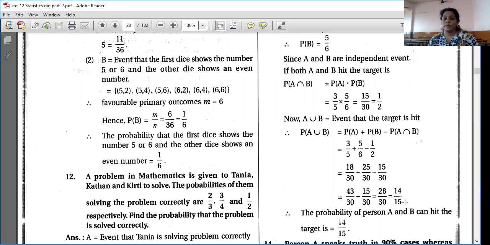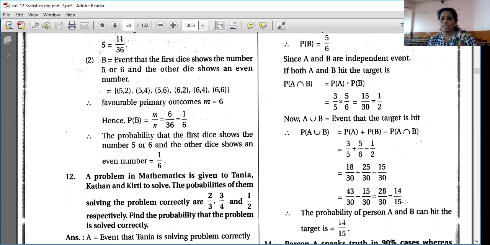Okay. And P of A union B is the event that the target is hit. If the target is hit, it means either A hits or B hits. Once the target is hit, it will not count again.